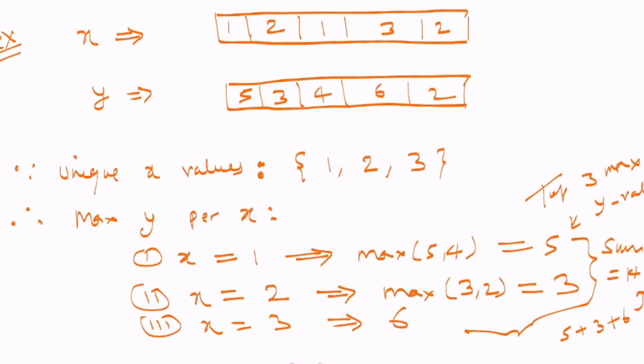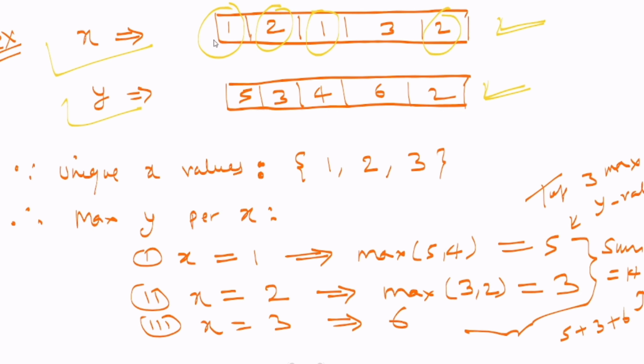These are the two arrays we have been given: this is the x array and this is the y array. If you observe, the x array has duplicate elements. The unique x elements are 1, 2, 3 in the array.